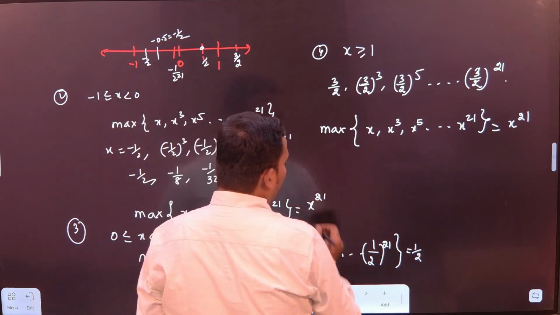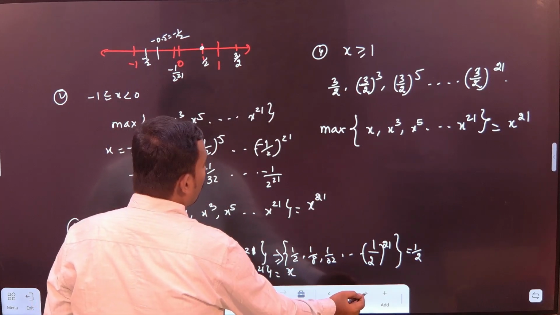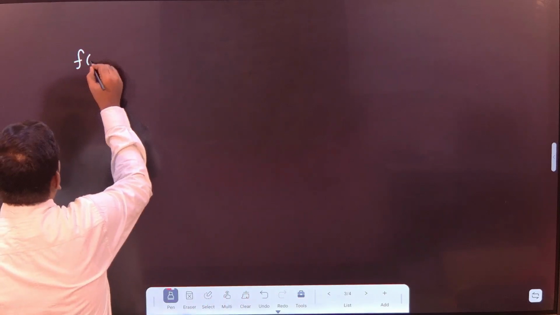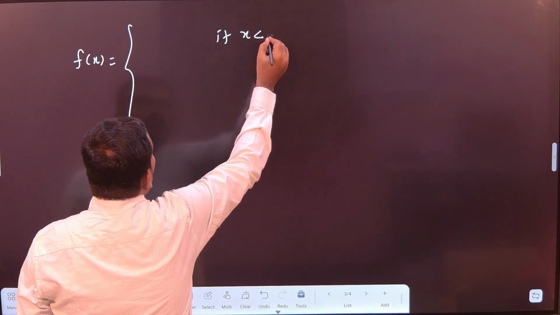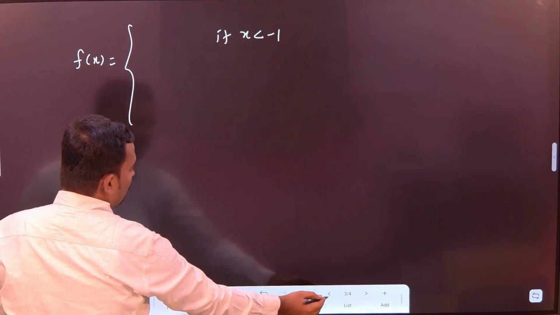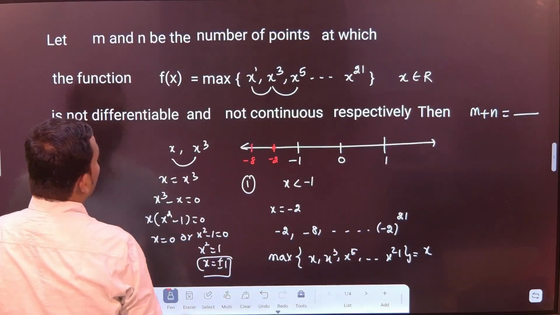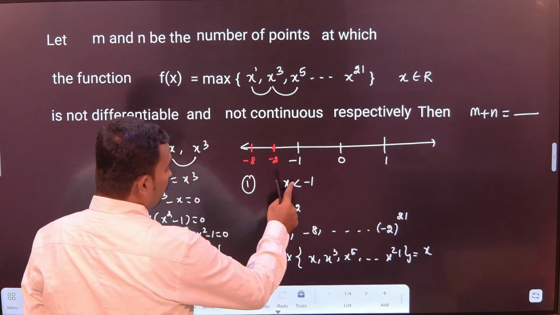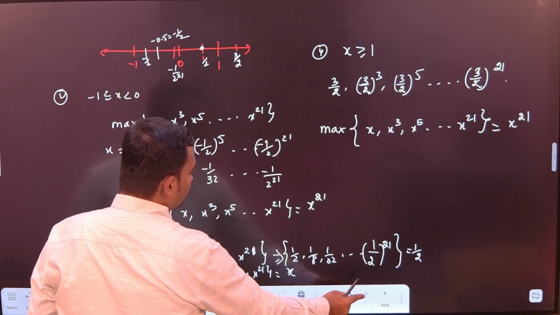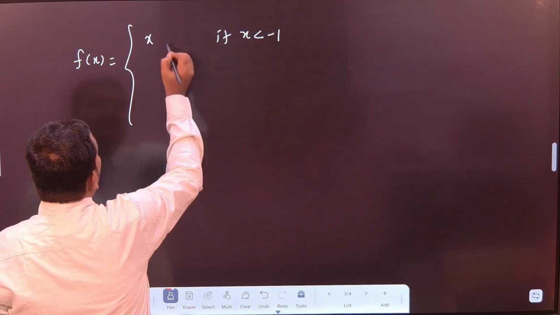So you have to redefine the function, right? How to redefine? Suppose f of x, if x is less than minus 1, which is the maximum here? x is the maximum, right? When x is less than minus 1, x is the maximum.